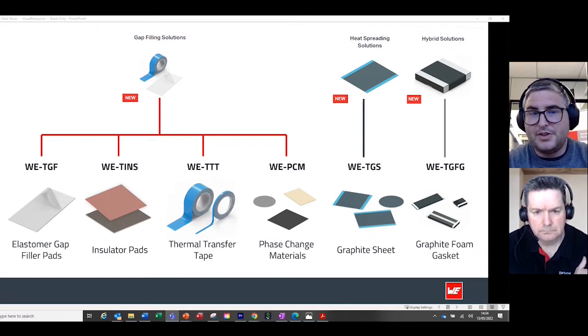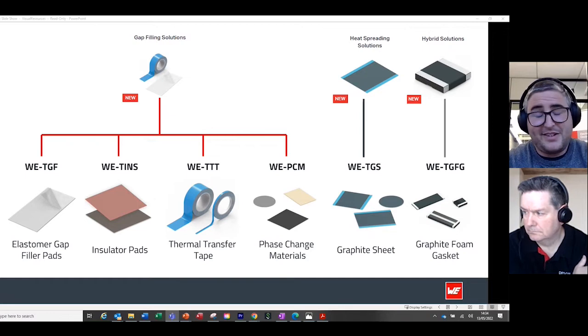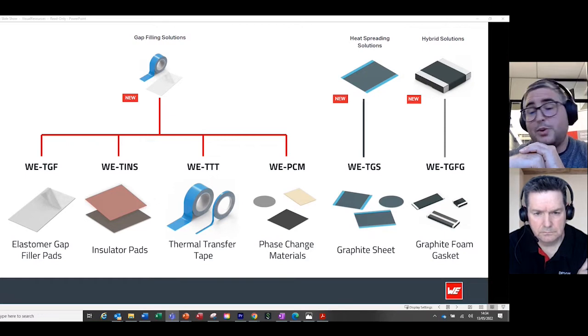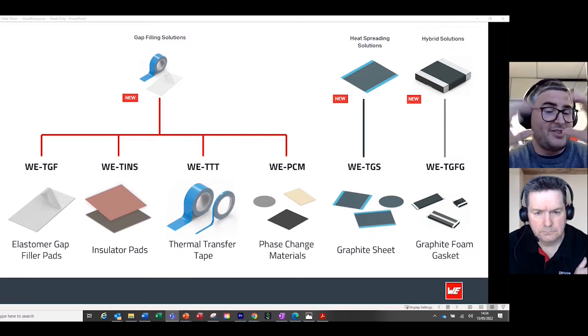And then we have the hybrid solutions. It's taking a horizontal heat spreader and wrapping it around a foam core. So what we're doing basically is taking a horizontal heat spreader and making it into a vertical one.